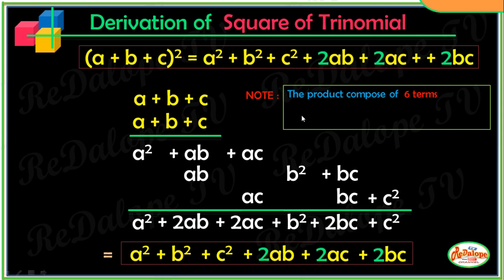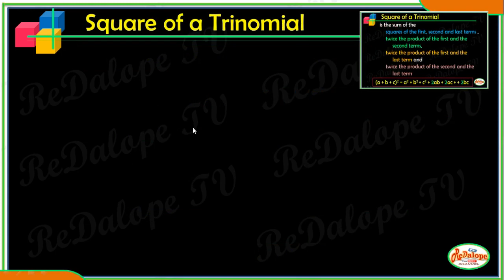The second thing, the first 3 terms are all perfect squares. So A squared plus B squared plus C squared are all perfect squares. And the last 3 terms all have an even coefficient: 2AB, 2AC, and 2BC. So let us have an example to illustrate the application of this formula.